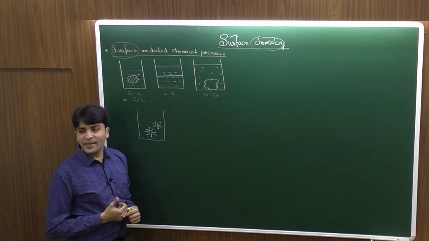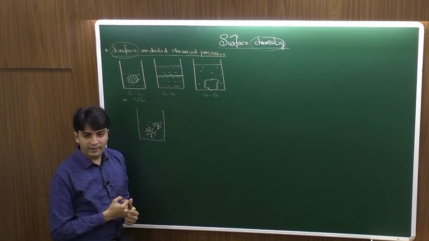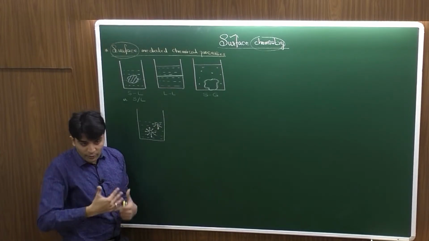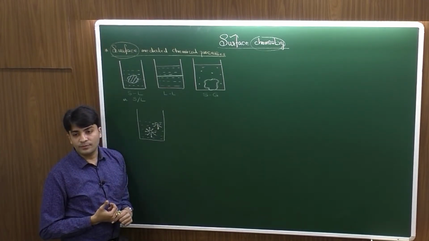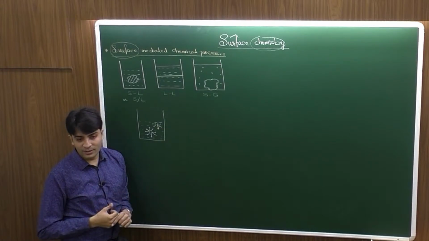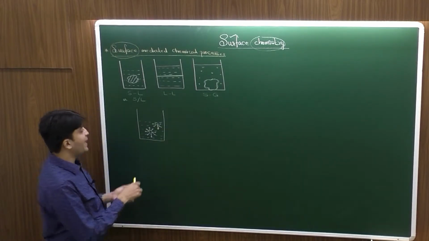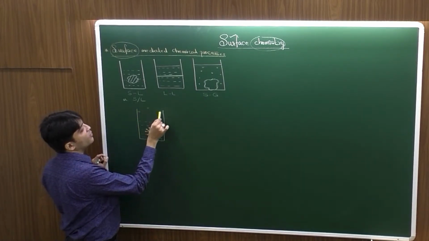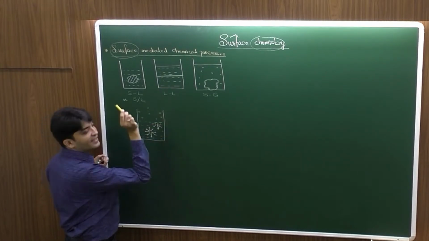Now since there are unbalanced forces, this molecule would be unstable, and to become stable it needs to balance the forces of attraction, and those forces of attraction could be balanced by attracting the molecules which are present in its vicinity.